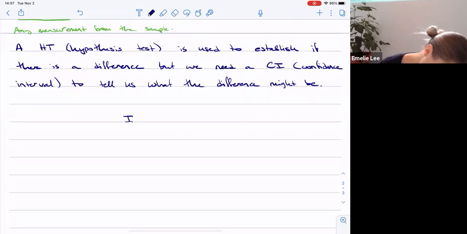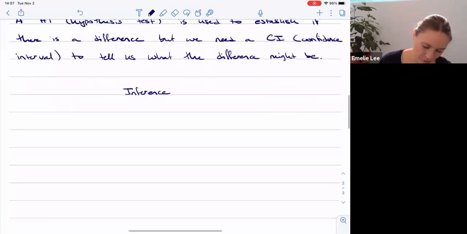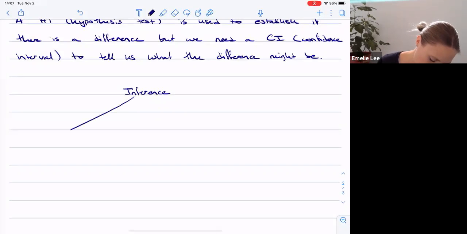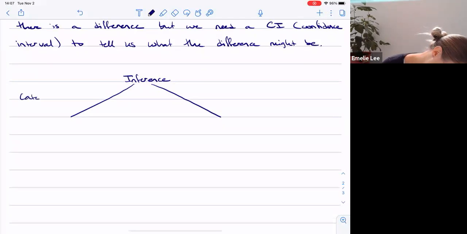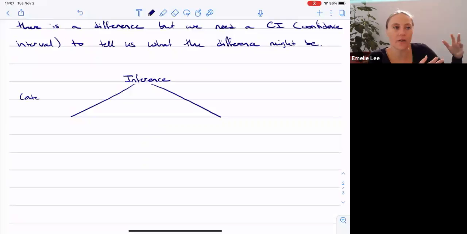So inference, I'll put it at the top, and I'm going to build this tree here, and I'm definitely going to run out of room, but I'm going to try my best. So inference, we split it up, and there are some other scenarios, but at its core, we can split data into two groups. Categorical, and of course, categorical data can be split into other types of subcategories, and numerical data, we can split it into subcategories, but we're just going to look at the two main branches.